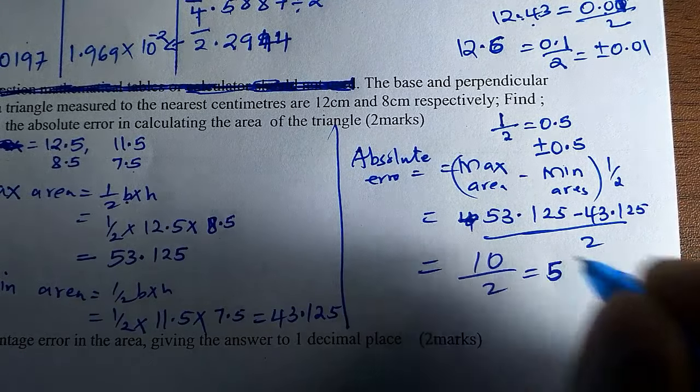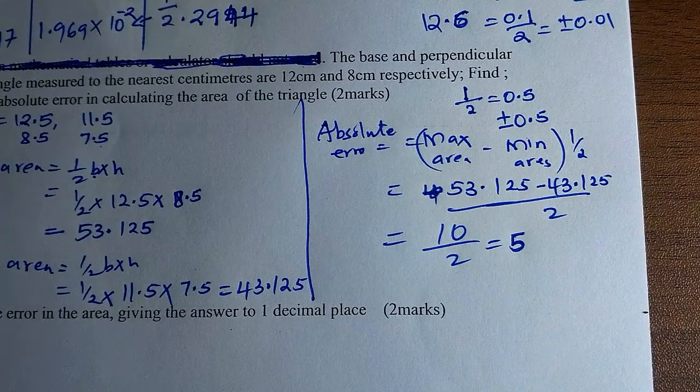So 5 is the absolute error for the area.